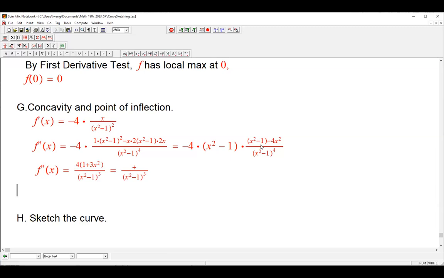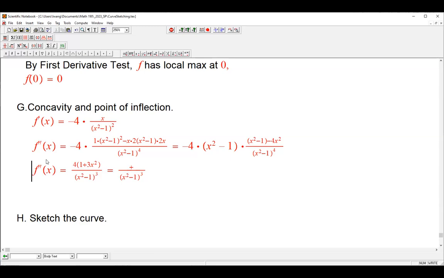Okay, we know that positive 1, negative 1 cannot be. Well, first of all, there will be no number that will make the second order derivative equal to 0. So we're going to study concavity. Are we going to have an inflection point? Is there a place that we have a change of concavity?